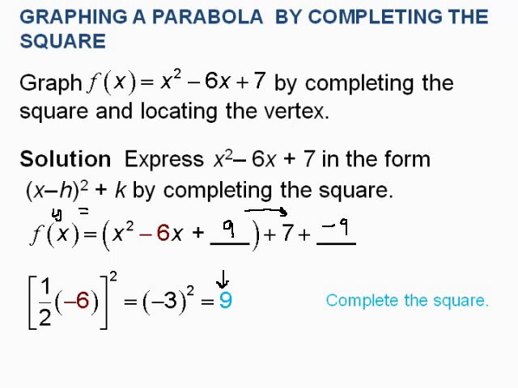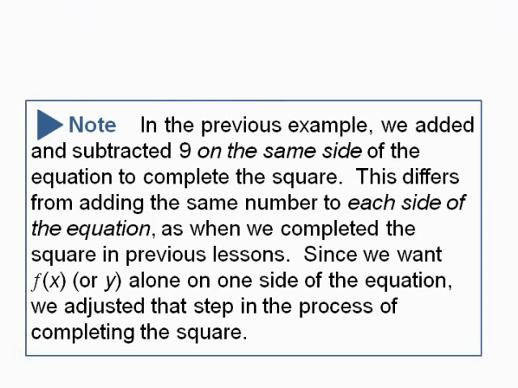Now, we used to add 9 to both sides in earlier sections, but here we have to keep it on the same side. And here's what I mean by that. We added and subtracted 9 on the same side to complete the square. This differs from what we've done in the past, all right?